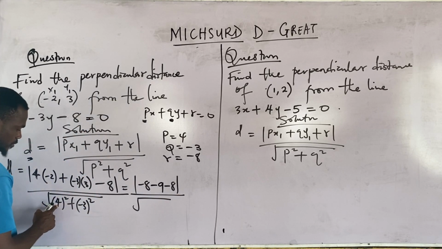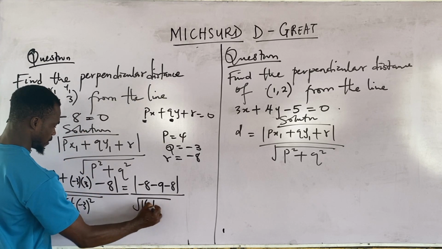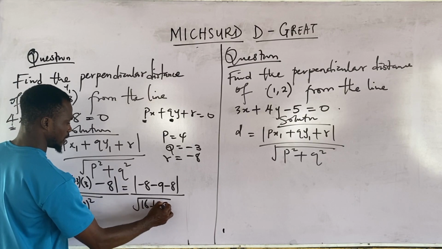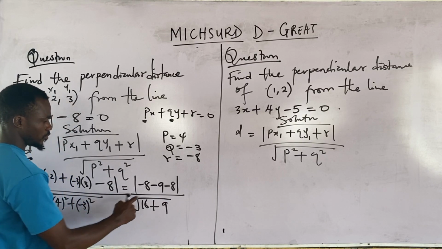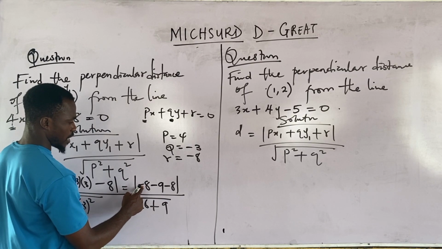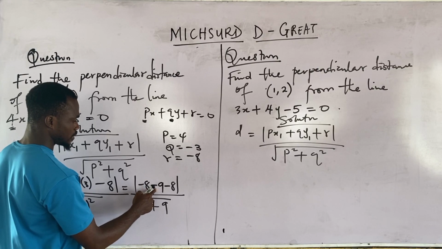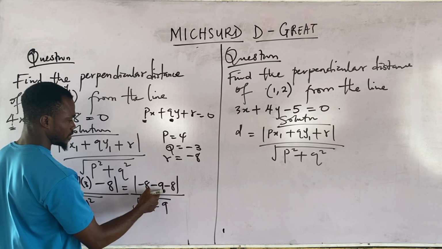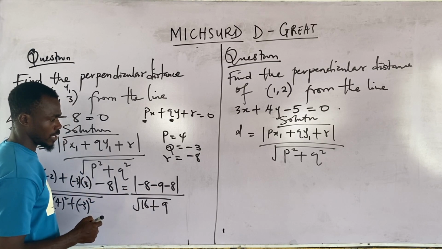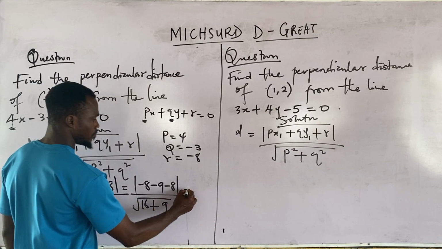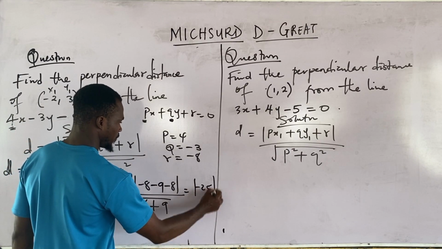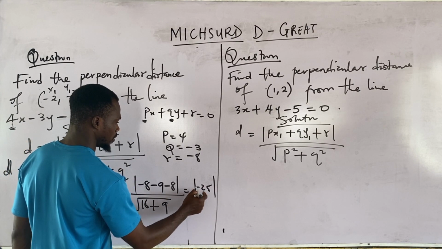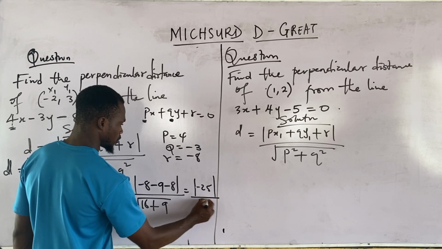We have 4 squared is 16 and -3 squared is +9. So here we'll be having -8 minus 9 will give us -17. -17 minus 8 will give us -25. So we have the magnitude of -25 over the square root.